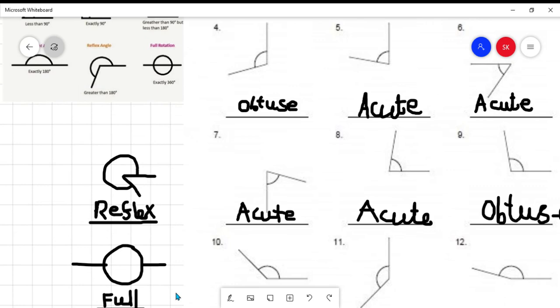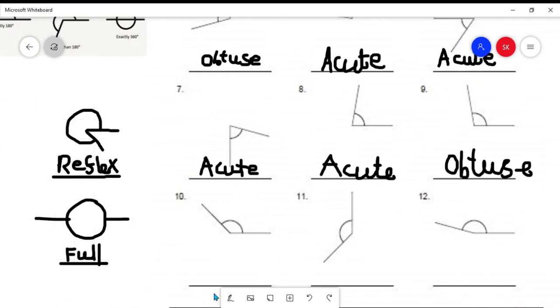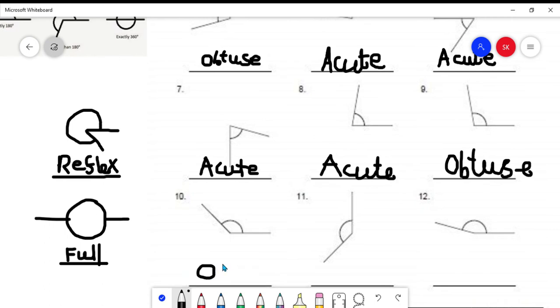And the last 3 for the day, we have obtuse again.